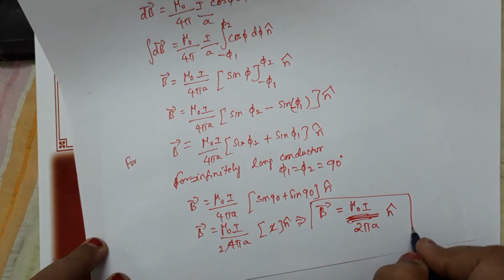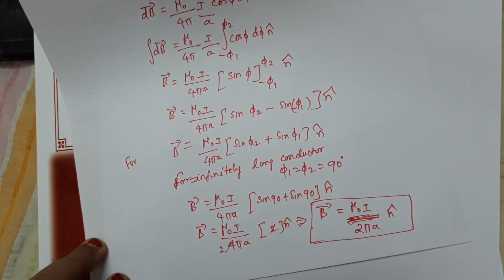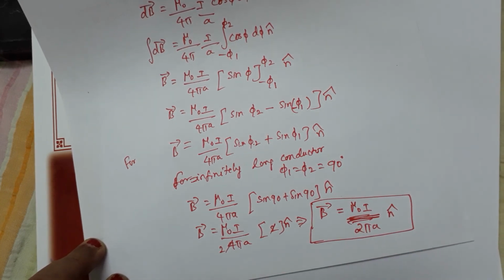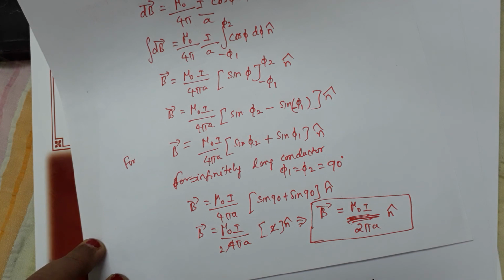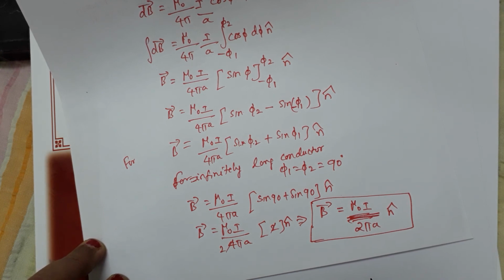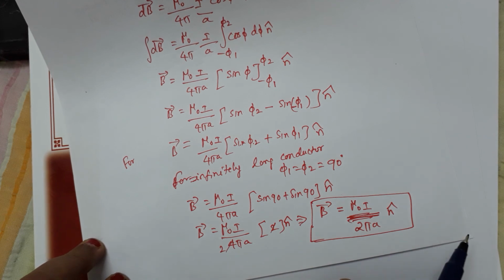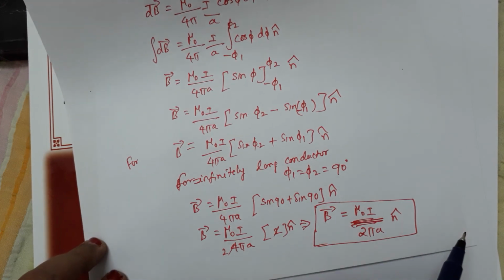So this is the expression for the magnetic field produced by a straight conductor carrying current. Hope you understood, children. You have to practice this answer at least twice. Thank you.